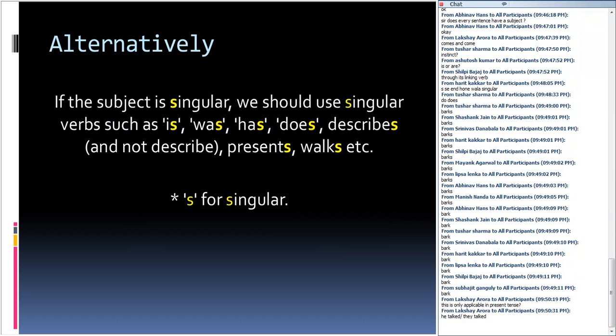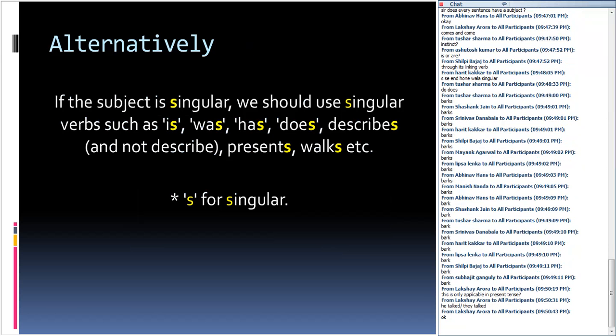Lakshya, you are saying yes for the present tense, because simple present tense is the most commonly used tense. Yes, it is applicable for the present tense. Yes, simple present tense, because 90% of the times you use simple present tense. Okay, so you can see that all verbs that end in S, they are singular.